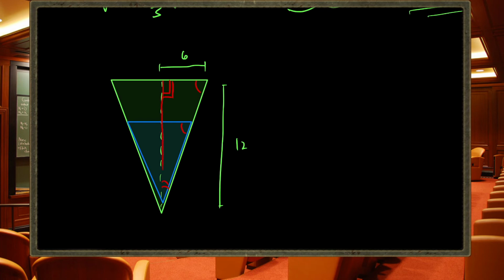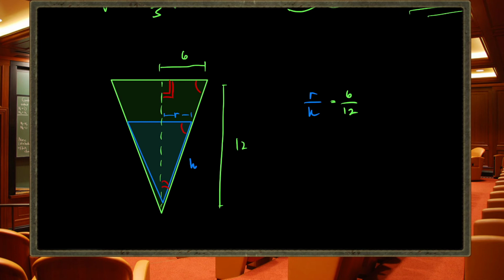So these two triangles are similar, which means their sides and angles are related. Since the angles are the same, the proportion of the sides is the same. So if we call this h, which is changing, and this r, which is changing, we know that r is to h as 6 is to 12.